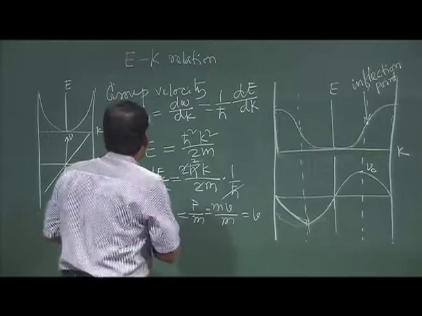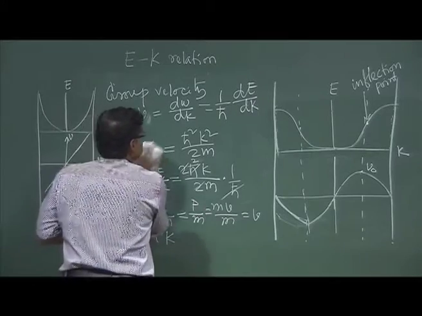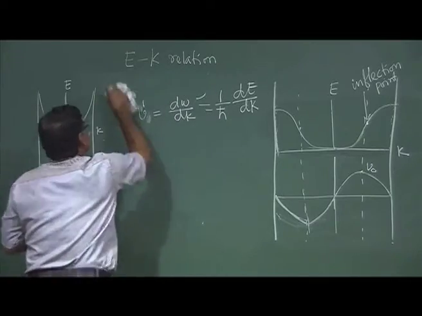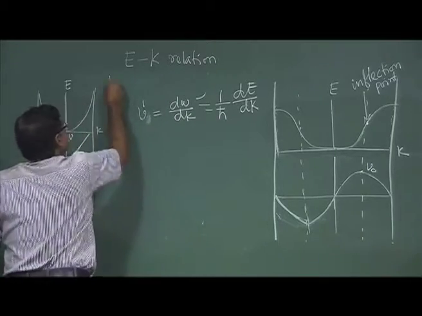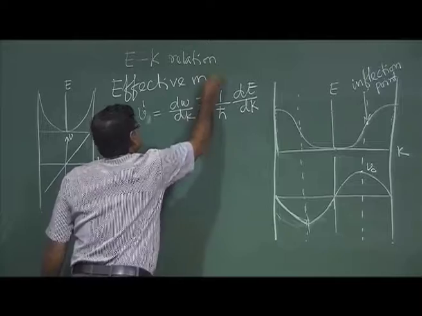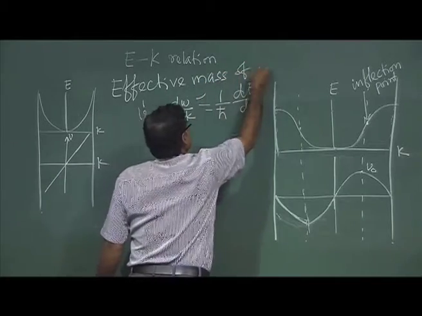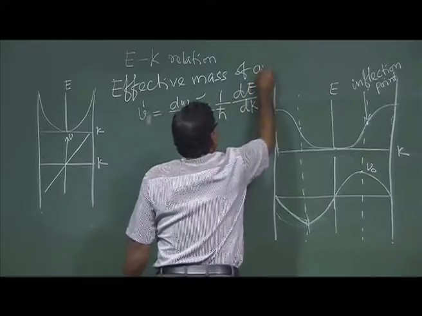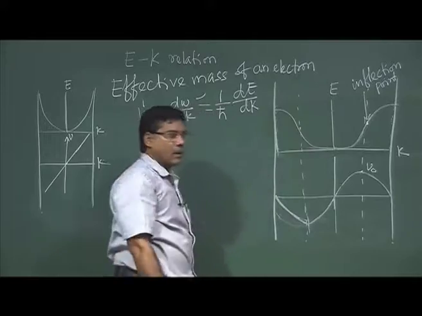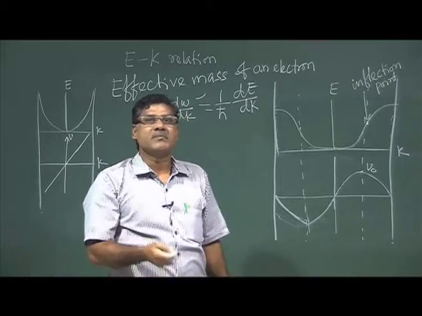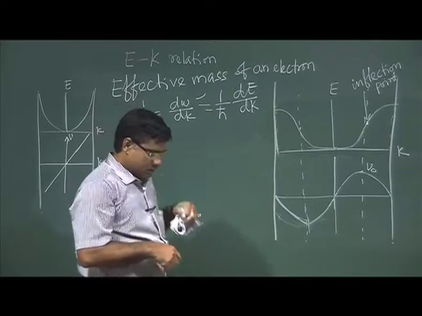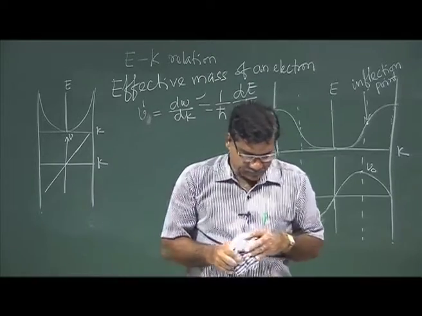So, another very important parameter is the effective mass of an electron when it is in a band.